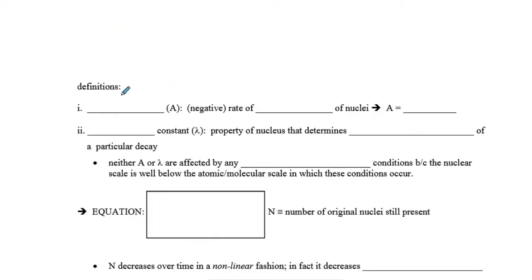All right, so before we get to that, we want to talk about the rate of decay, also what's referred to as the activity. Okay, so it is the negative rate of decay. The negative piece just means that we're losing nuclei that are radioactively decaying. And so it is defined as the negative of the change in the number of nucleons over the change in time, the time interval.